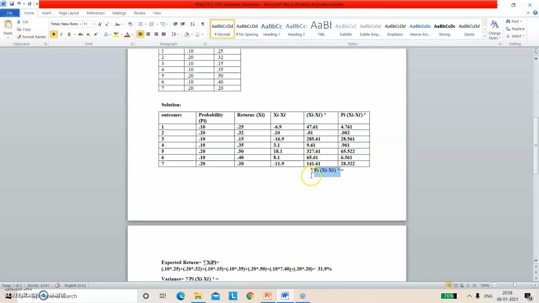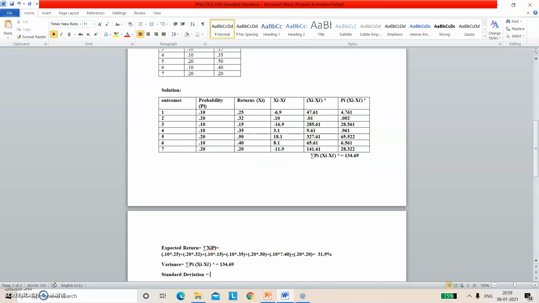The last thing we are going to find is the summation of this, that is the total of all these pi into (xi minus x bar) whole square, and the result is 134.69. So this is your variance, 134.69. We have found the variance. Now for the standard deviation, we are going to take the square root of this.